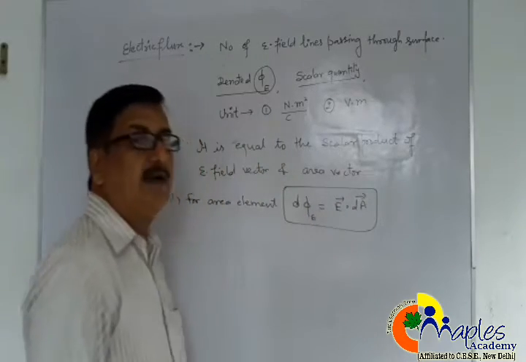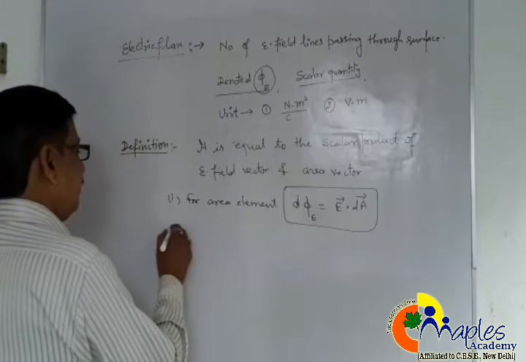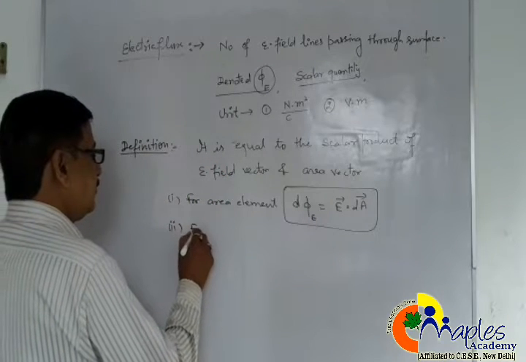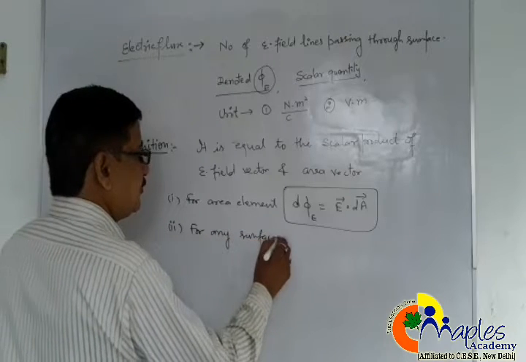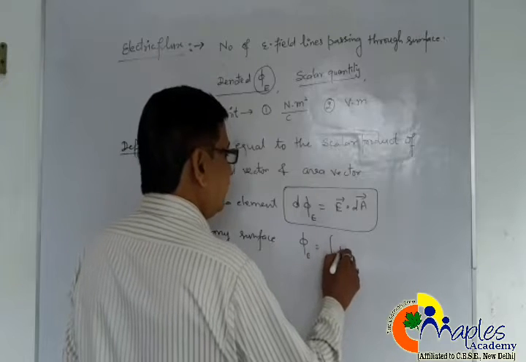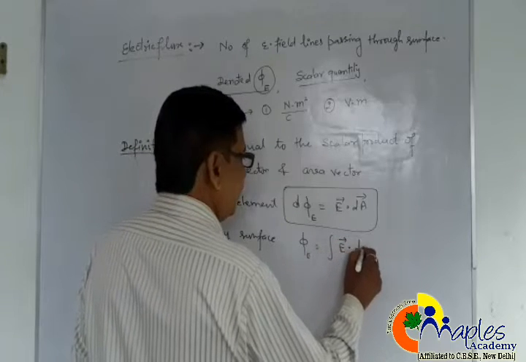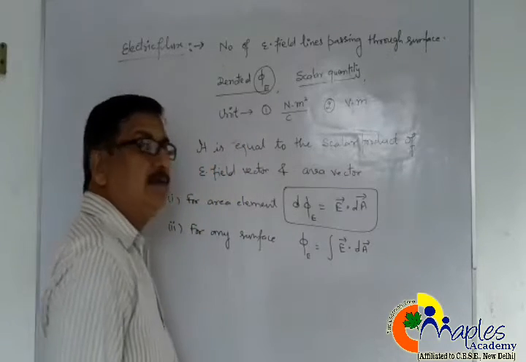It is the electric flux passing through any area element, and for any surface phi equals integration E vector dot dA vector. It means the surface integral of electric field vector is known as electric flux.